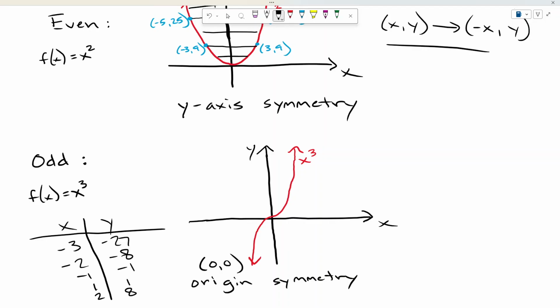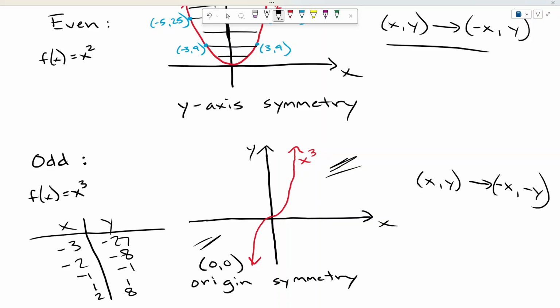We'd go from a double negative to a double positive, because what we'd see with odd symmetry is for each x, y point, it has an equivalent negative x, negative y point. Because we're dealing with this quadrant here and this quadrant here. So we go from this quadrant where they're both positive, to this quadrant where we have a double negative.